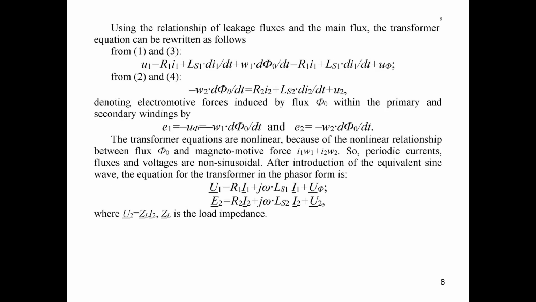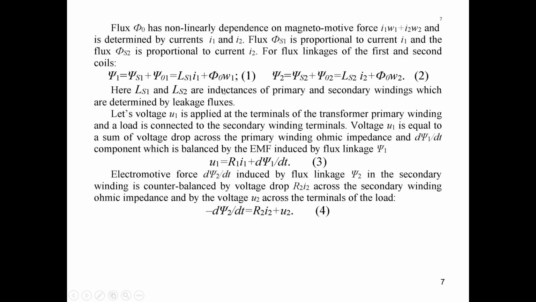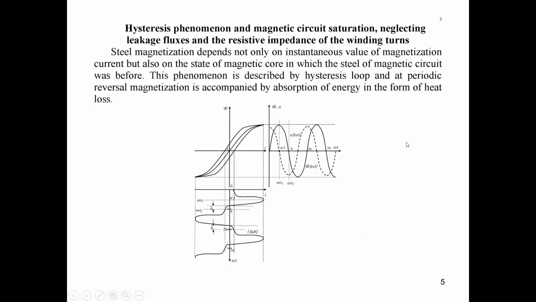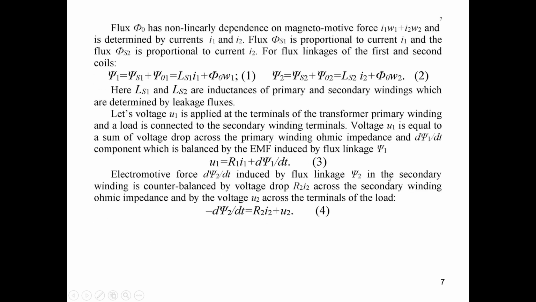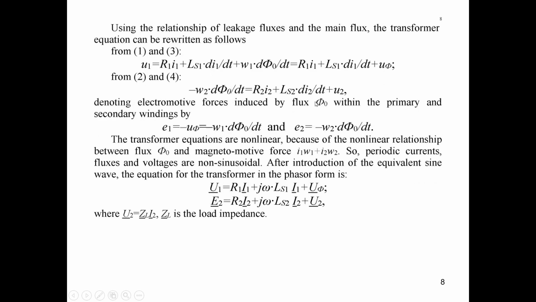And now we can use the relationship of the linkage flux and the main flux of the transformer, and so we can rewrite the equations as follows. We can substitute Φ0 from here.